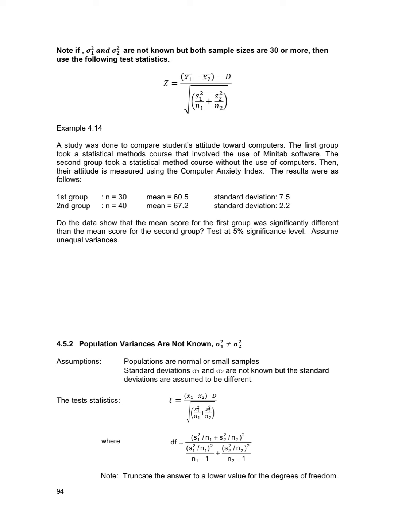Now we look into case number 2, which is sigma 1 square and sigma 2 square are not known, but both sample sizes are 30 or more. Okay, so then the test statistic will become this: x bar 1 minus x bar 2 minus d over square root of s1 square over n1 plus s2 square over n2.